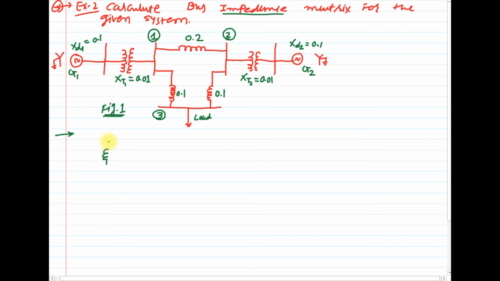So I will start from this generator 1, the reactance of generator 1, and the next is the transformer 1, reactance of transformer 1, then bus number 1, or I can say node 1, then again the transmission line between bus number 1 and 2, then the transformer 2, the reactance of the transformer 2, and the generator 2, which is over here, reactance of generator 2.